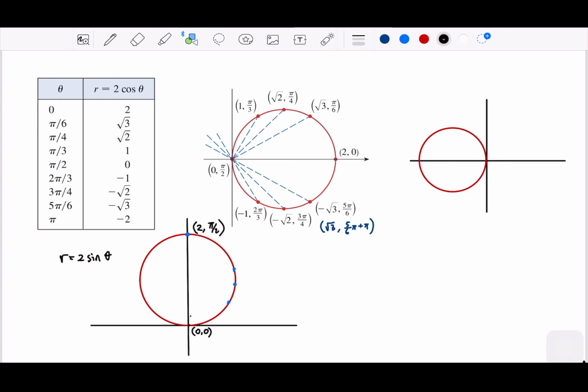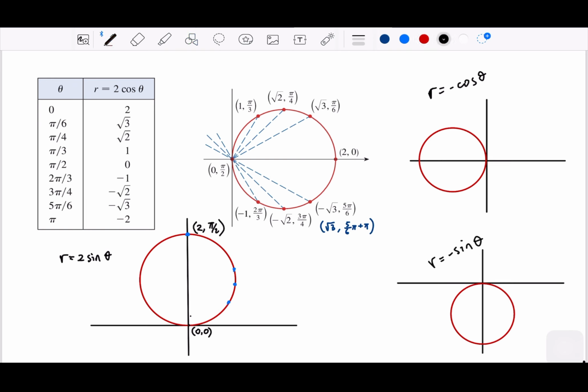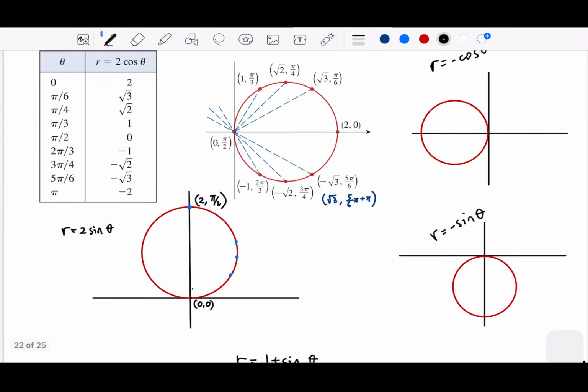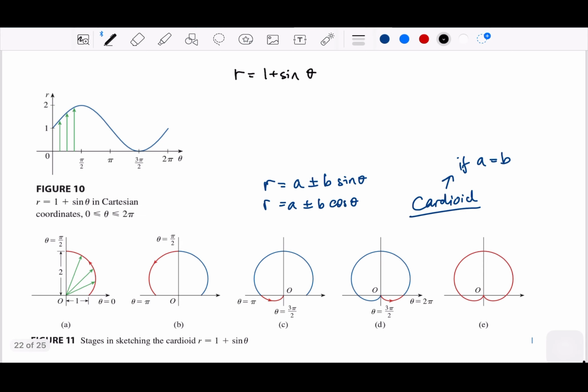This is if r is negative cosine theta. And this is r negative sine theta. Okay. So this is what really happens when you have the negative, right? So the same thing applies for the cardioid and other polar curves as well.